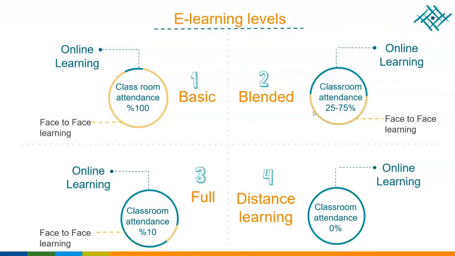Then we have basic, blended, full online, and distance learning. Some universities really have blended learning today. I still prefer the blended learning. It's more beneficial for both the instructor and the student.